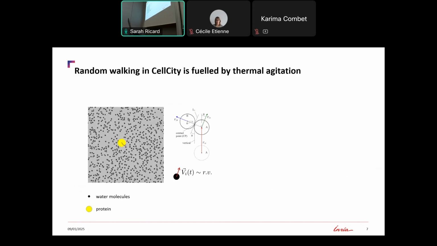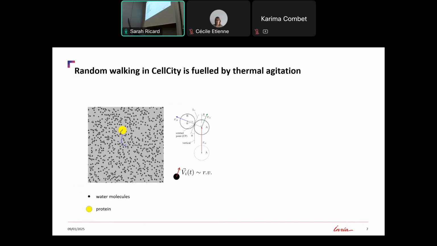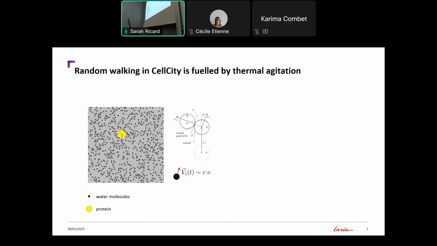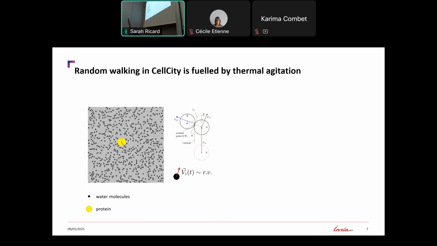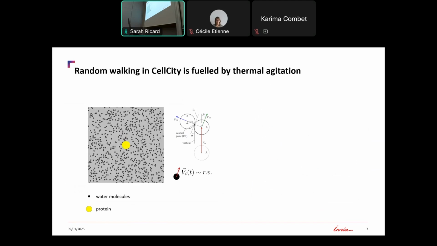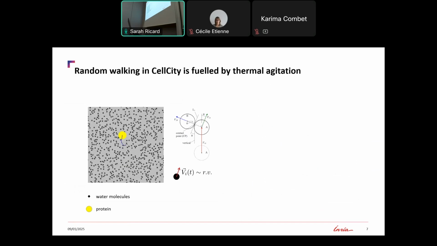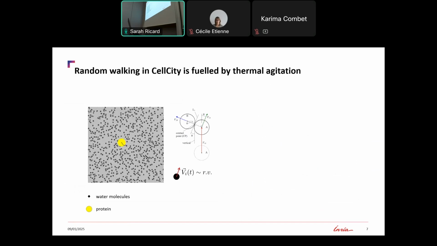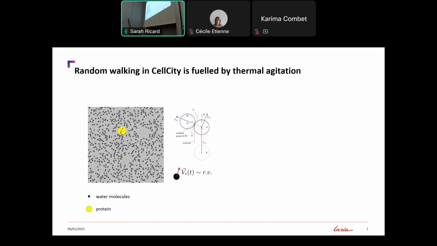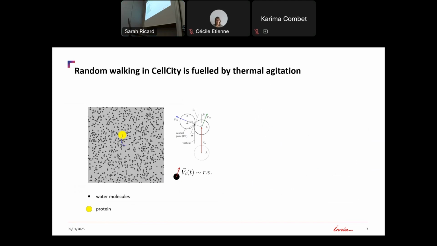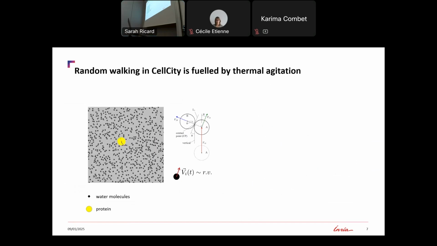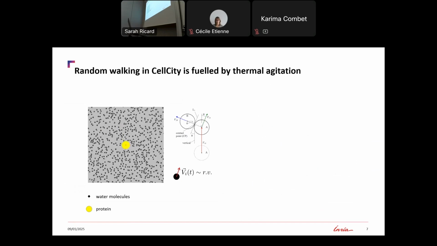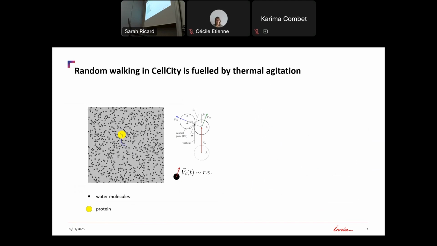But if you have so many water molecules, at some point, if you look at a given water molecule, the direction of its displacements and the amplitude of its velocity, you can describe it as a random variable. And in terms of scientific concept, it's a hugely powerful concept.